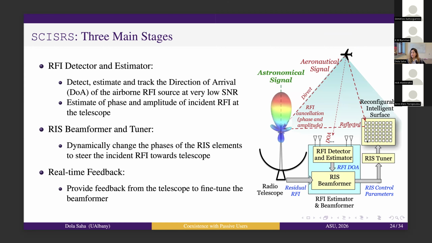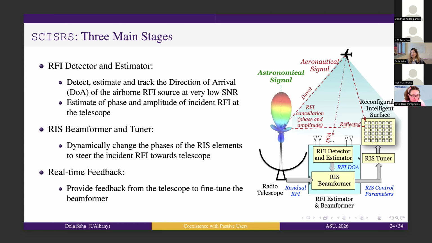And we place another reconfigurable intelligent surface nearby. So then we know the signal coming to each of these cells or arrays, and then they get reflected to the radio telescope such that we cancel it.